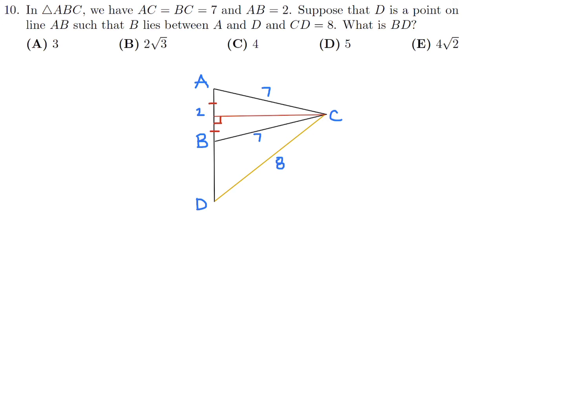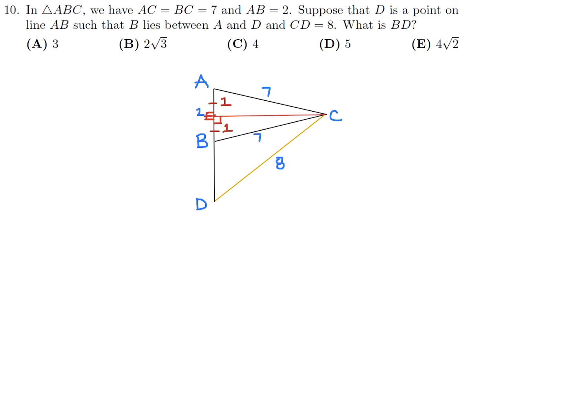Because in isosceles triangles, if you draw a perpendicular like that, it chops the base in half. And if that is indeed the case, that means this is 1 and this is 1. And this point here, should I introduce another variable? Sure, I'll call it, I don't know, E.